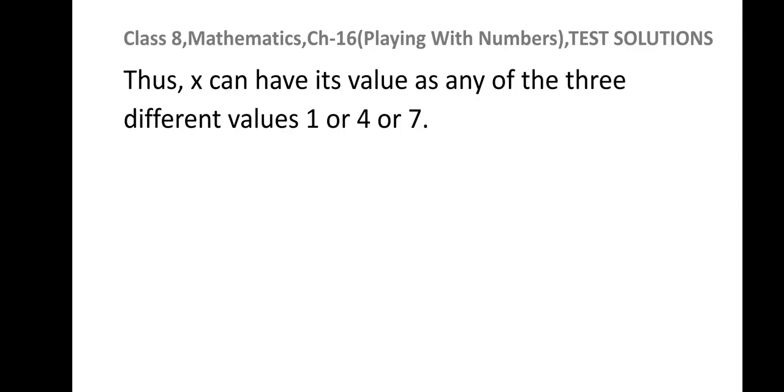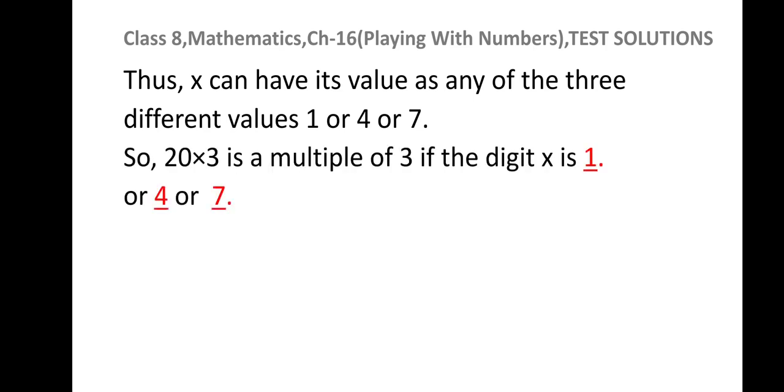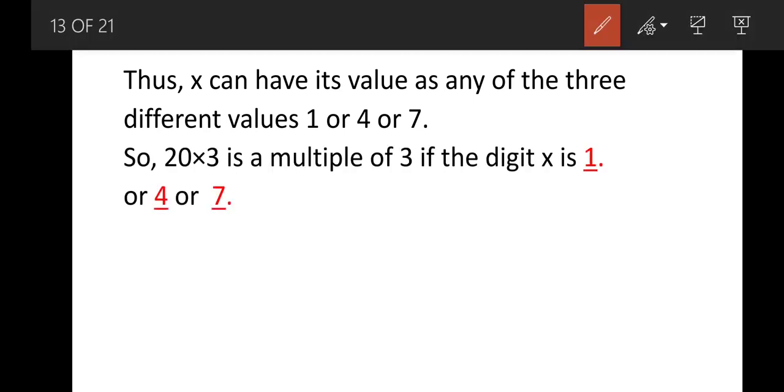Thus, x can have any of 3 different values: 1 or 4 or 7. So, 20x3 is a multiple of 3 if the digit x is 1 or 4 or 7. So, this is the answer. The 3 values of x can be 1, 4 or 7, and it will then be a multiple of 3.